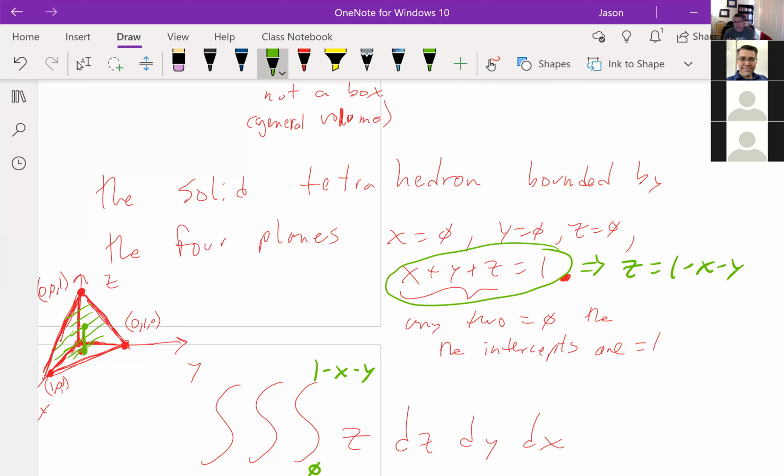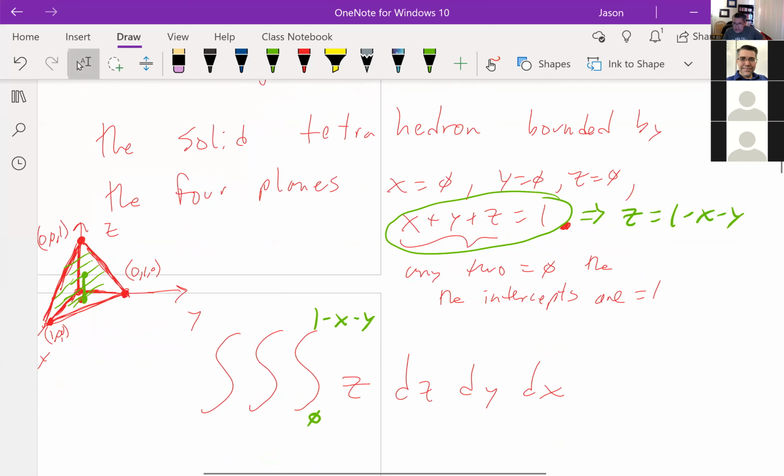Now once we deal with how that volume is created in the z direction, let's talk about what's happening in the x and y direction. What's happening with respect to y? Because once I integrate this, don't I get rid of that z variable? Isn't that z variable gone? All we have is in terms of x and y, which is the xy plane. And how does this thing behave in the xy plane?